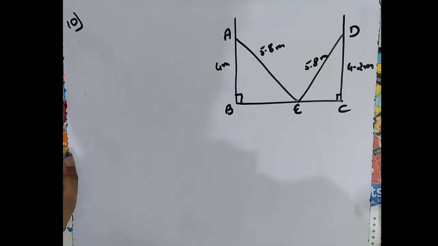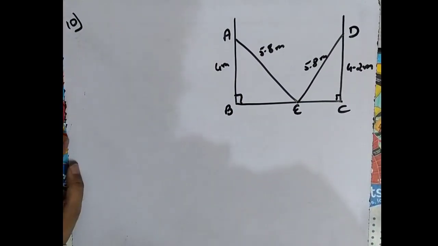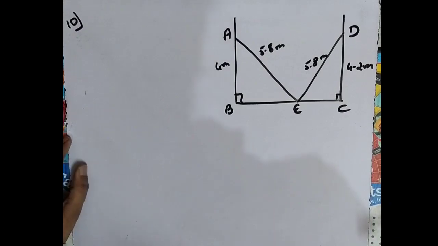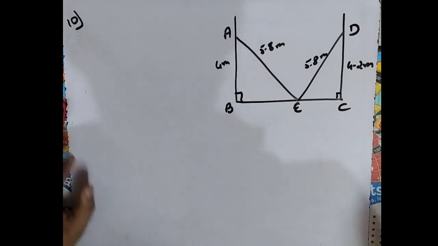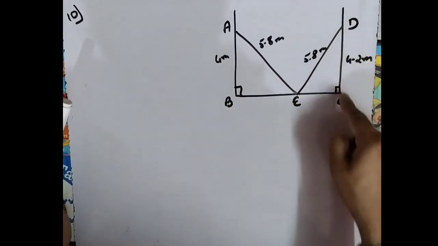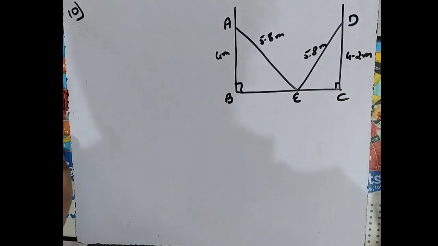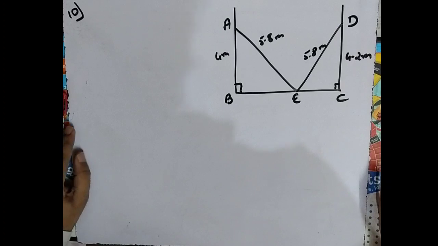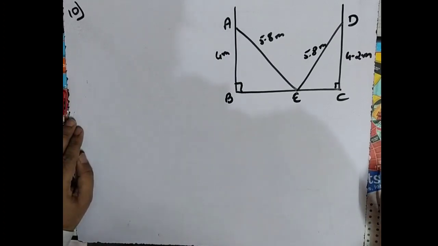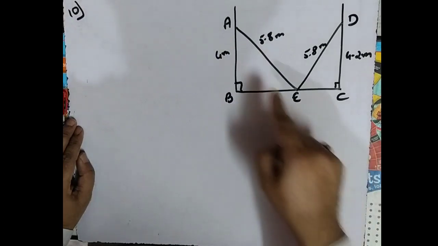In the 10th sum, we have walls of the two buildings on either side of the street are parallel to each other. AB and CD are representing the walls of the building. A ladder 5.8 meter long is placed such that its top reaches the window of one building at the height of 4 meter.